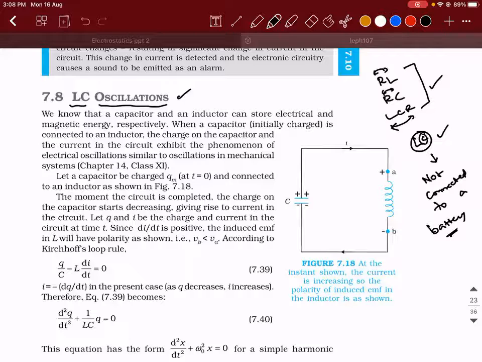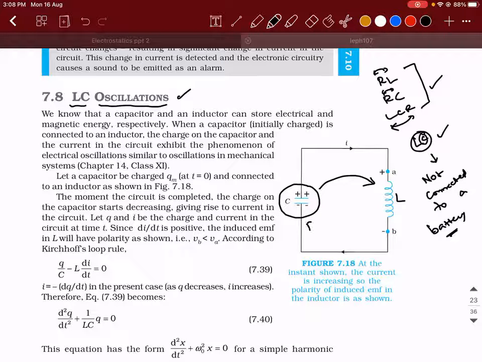We know that a capacitor is a device which is capable of holding charge, right? So when you take a fully charged capacitor and connect it across an inductor of inductance L, then what will happen? You guys tell me.